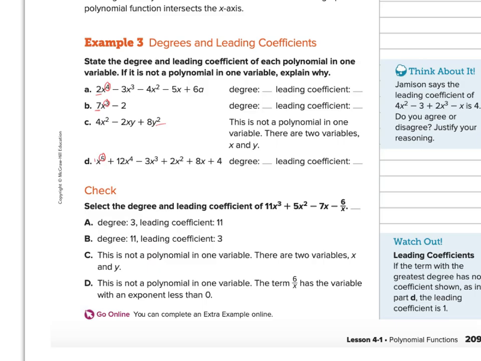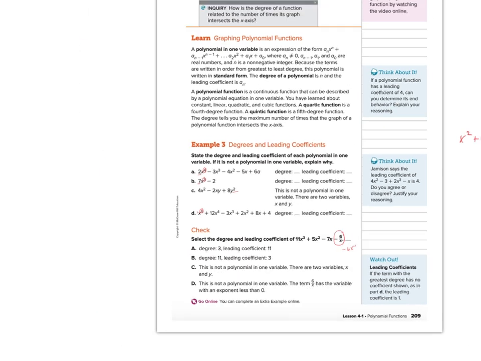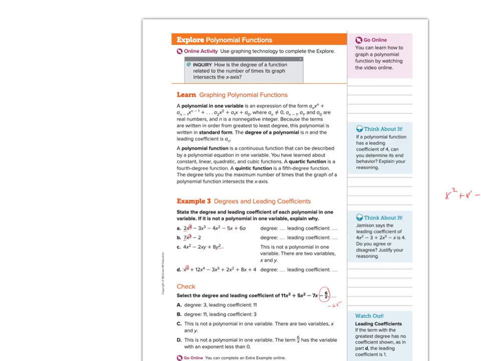And select the degree and leading coefficient. Are we allowed to have negative exponents? Because that could be rewritten as negative 6x to the negative first, because it is in the denominator, and it says non-negative. N, which is my degree, is a non-negative integer.